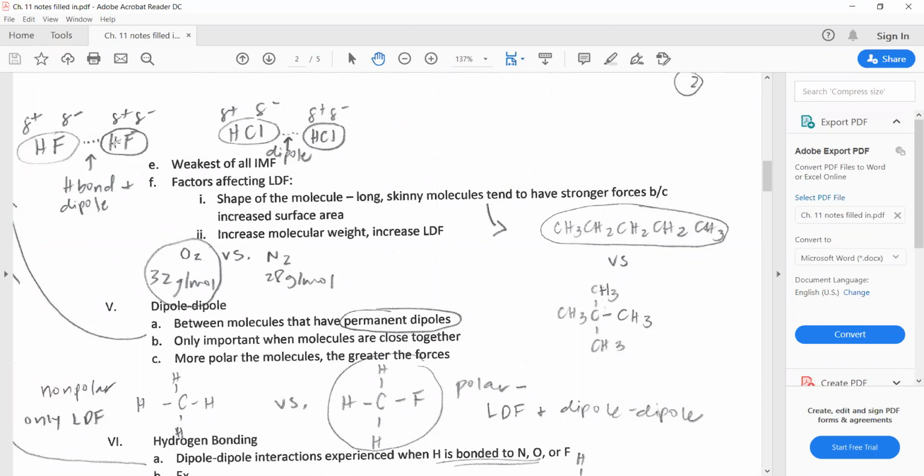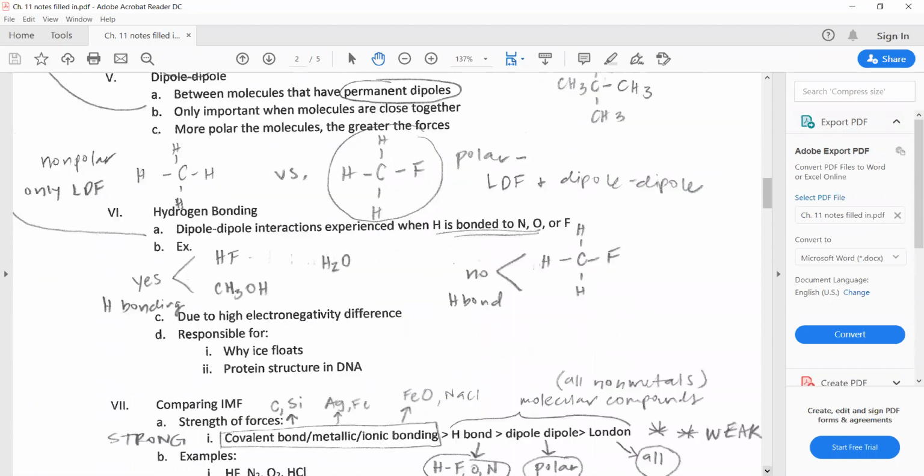But HF also has hydrogen bonding because it specifically has H attached to an F. All that's indicating is that it's a much greater polarity, and therefore this attraction is much stronger than just a plain dipole-dipole. So the HF would have greater intermolecular forces because it would have London dispersion, dipole-dipole, and hydrogen bonding. HCl would only have London dispersion and dipole-dipole.